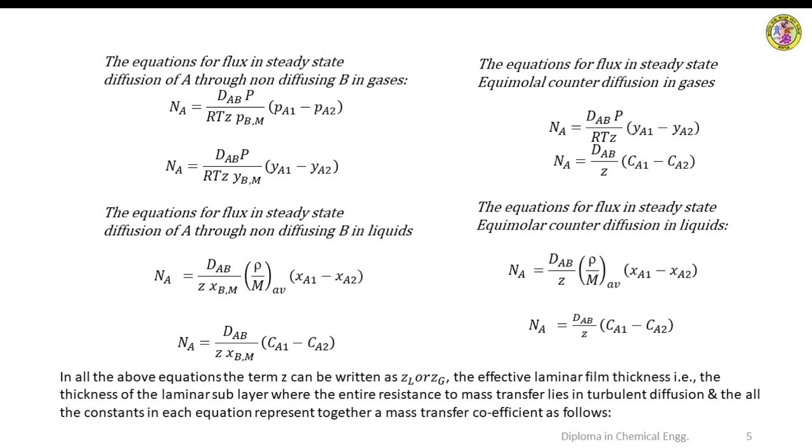Now we can write the equation in terms of rate is equal to coefficient into concentration gradient. So all these groups of constants represent the various types of coefficients in each case of diffusion in a turbulent region.